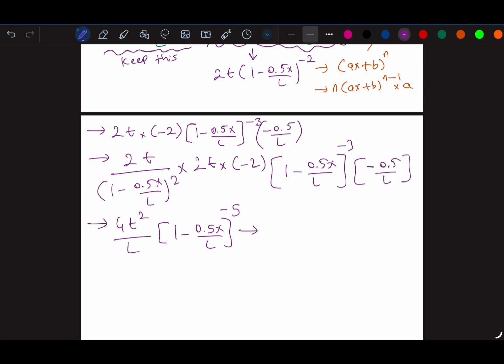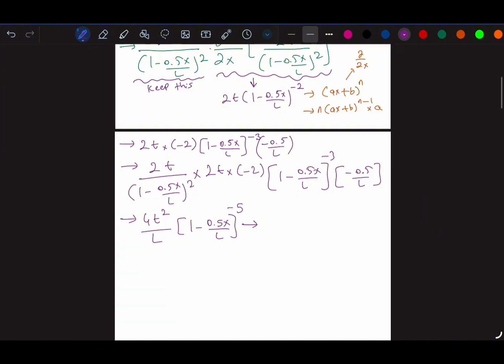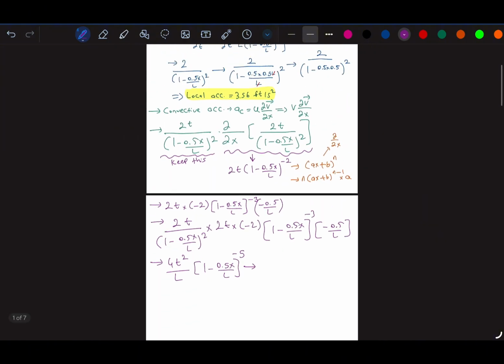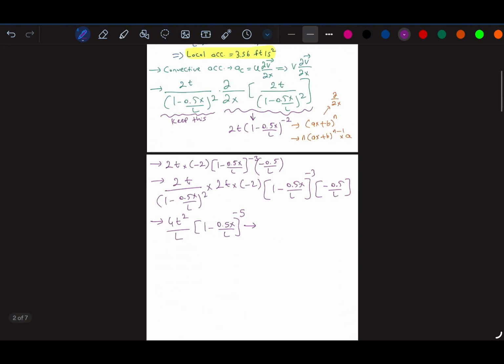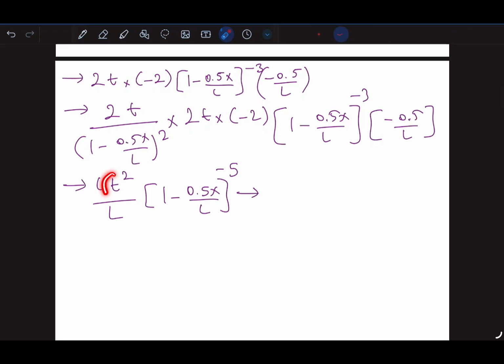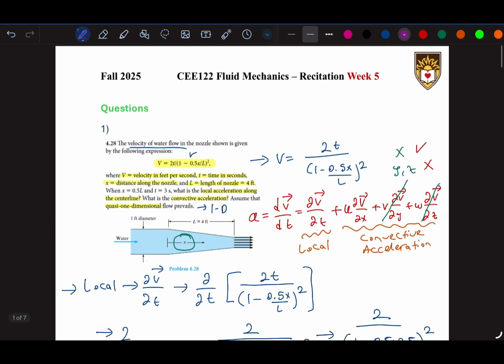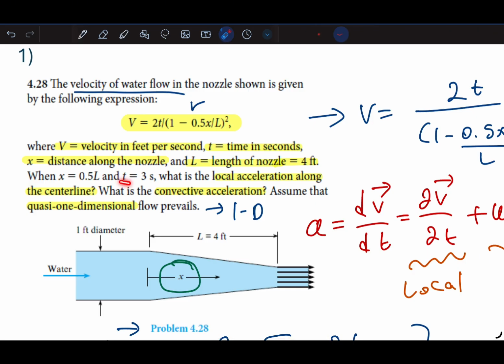And here we can actually substitute actual real values. So we have t, we have L, and we have x. So let's see what we have. The t was given as 3, x is 0.5 L, and L is 4 feet.